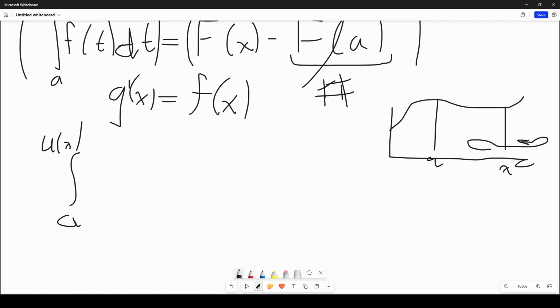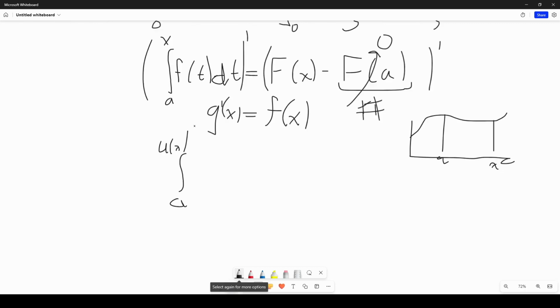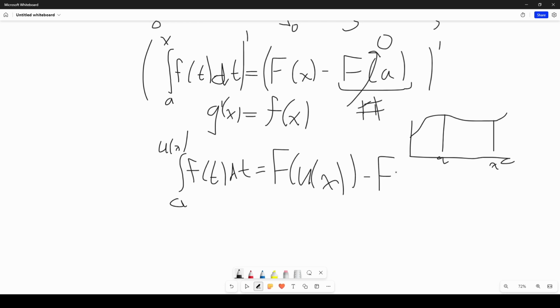It's some function of x that's dictating where it goes, right? This is a little bit more complicated than just a regular variable. The integral from a to u of x of f of t dt, well, this is going to be equal to capital F of u of x minus capital F of a.